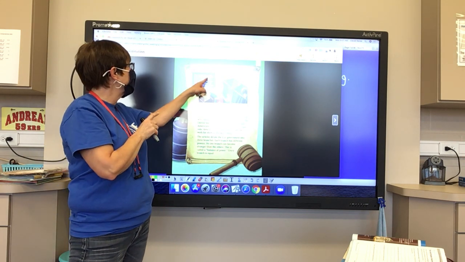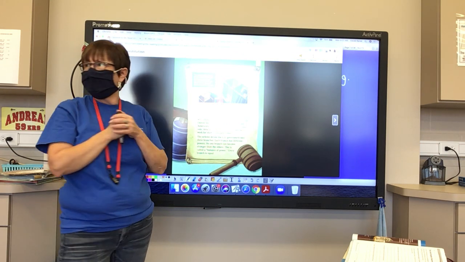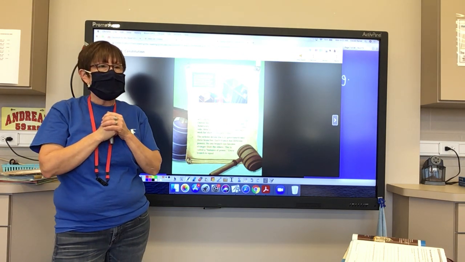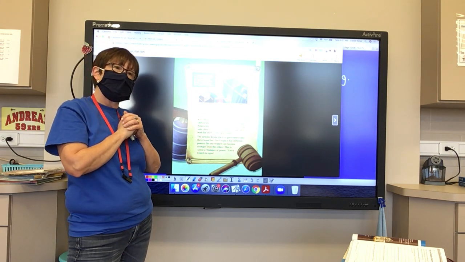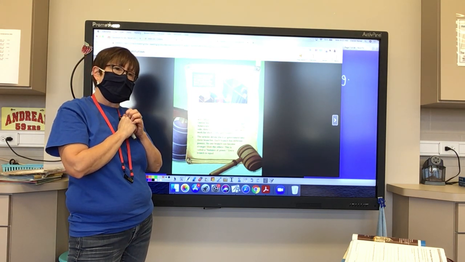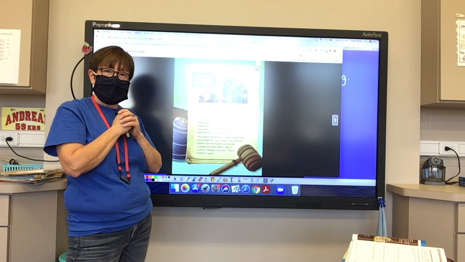Read the sidebar. The sidebar is in the blue. The articles. And what about the articles? The text talks about the articles. Yes, Juliana? They're talking about how to keep people safe with the government.